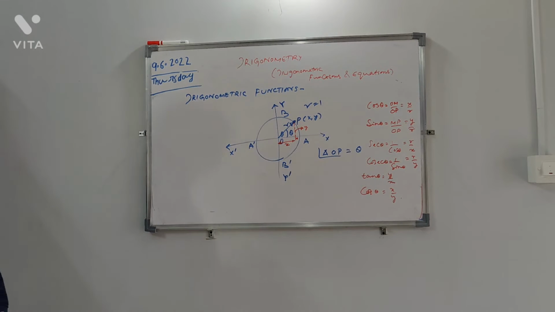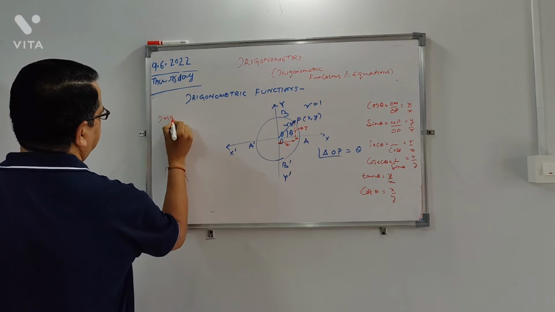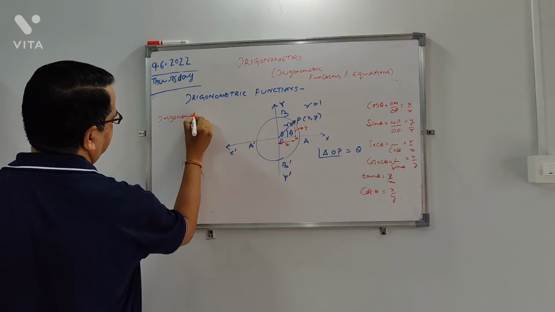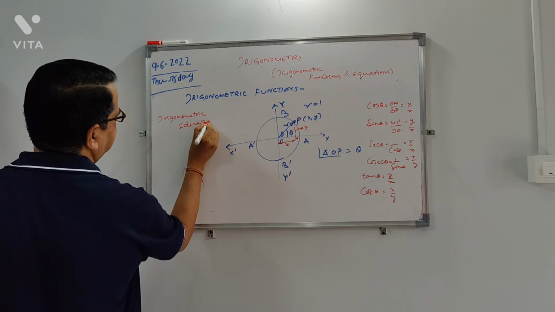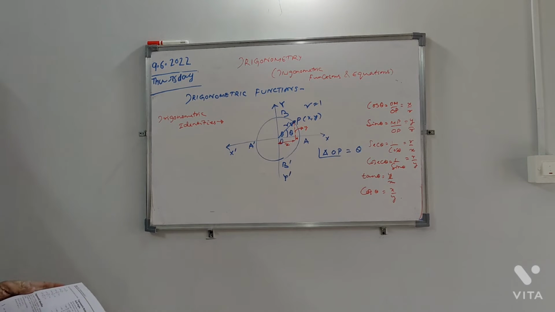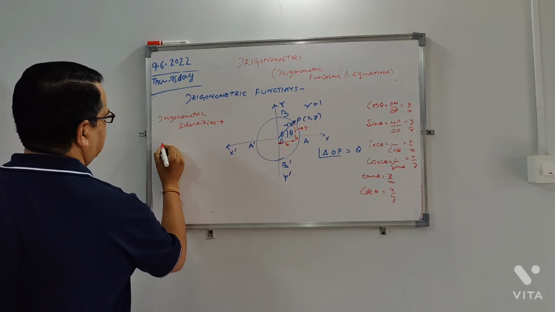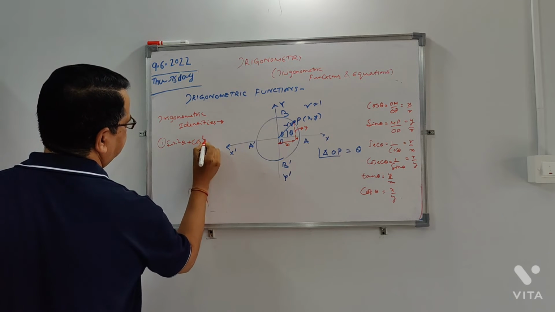Then there are something called trigonometric identities. There are many things in trigonometry you have to remember, otherwise we cannot go on deriving formulas. So what are trigonometric identities? One is sine square theta plus cos square theta is equal to 1.